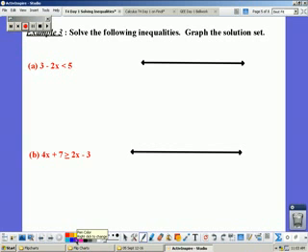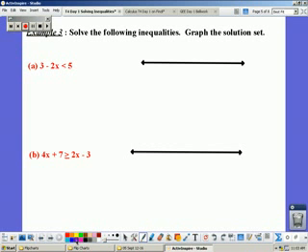The only difference is when you're solving inequalities, you have to pay attention to when you multiply or divide by a negative. Because what's going to happen in your problem if you multiply or divide by a negative? Your sign's going to flip around. Okay? So it's the only thing you need to watch for when you're solving these.